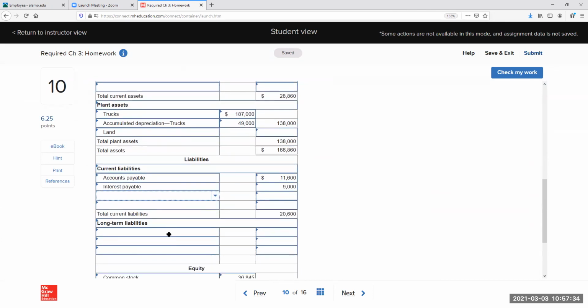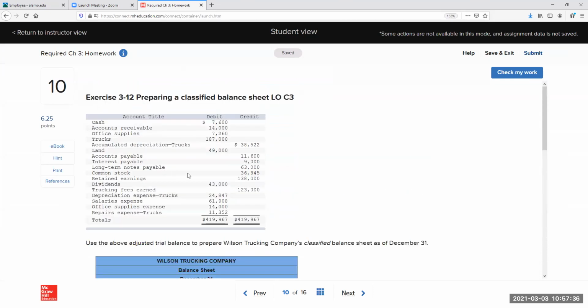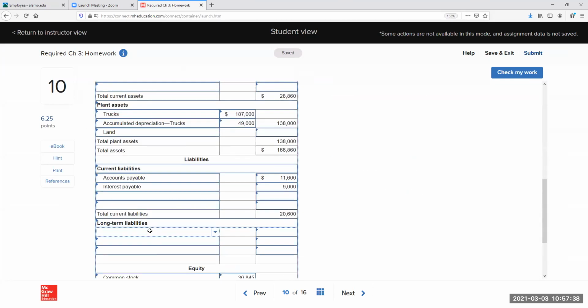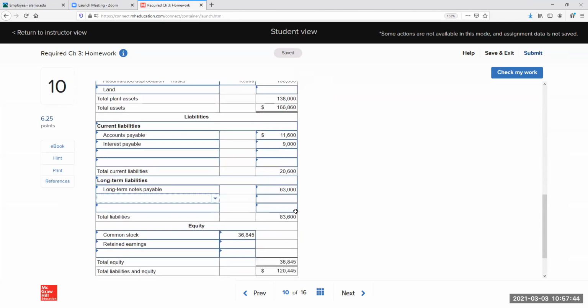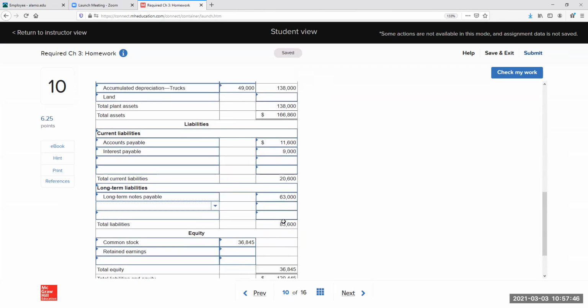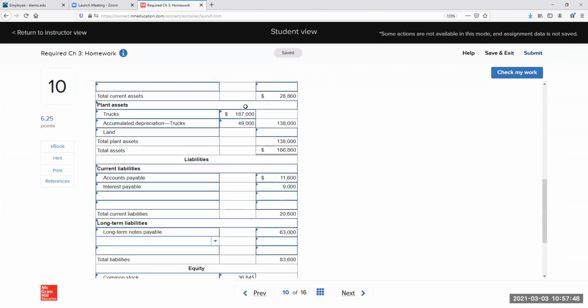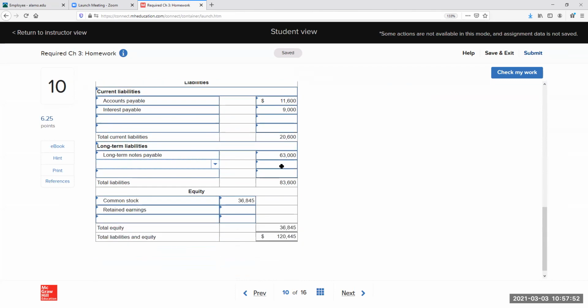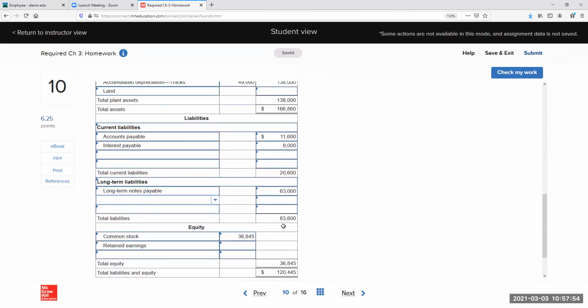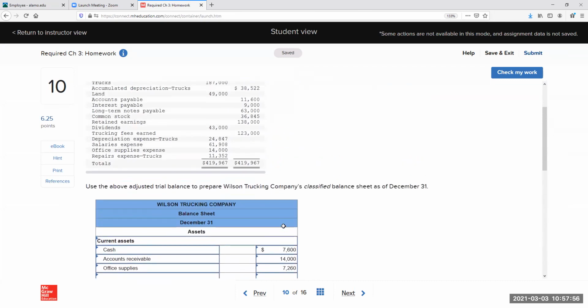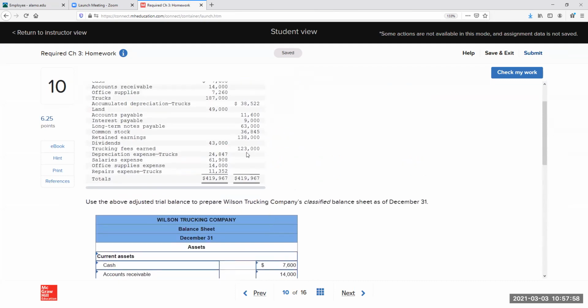And then how about long-term liabilities? Got anything long-term? Oh yeah, long-term note, 63,000. So 60 and 20 is 80. Now 187 less 49 is 138, 166, and I don't match down here. But I know my revenue and my expenses.